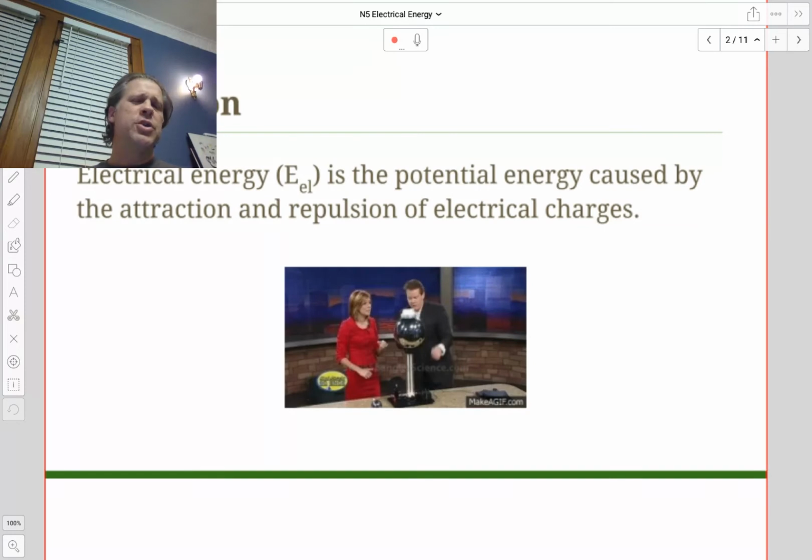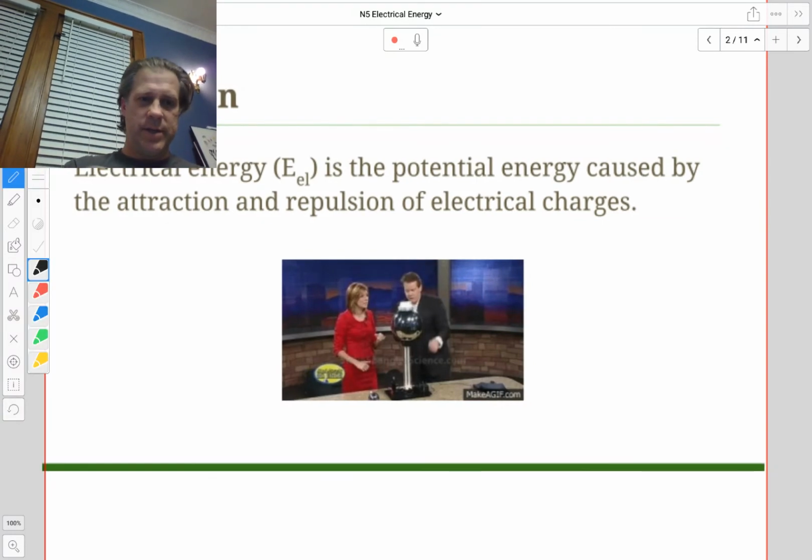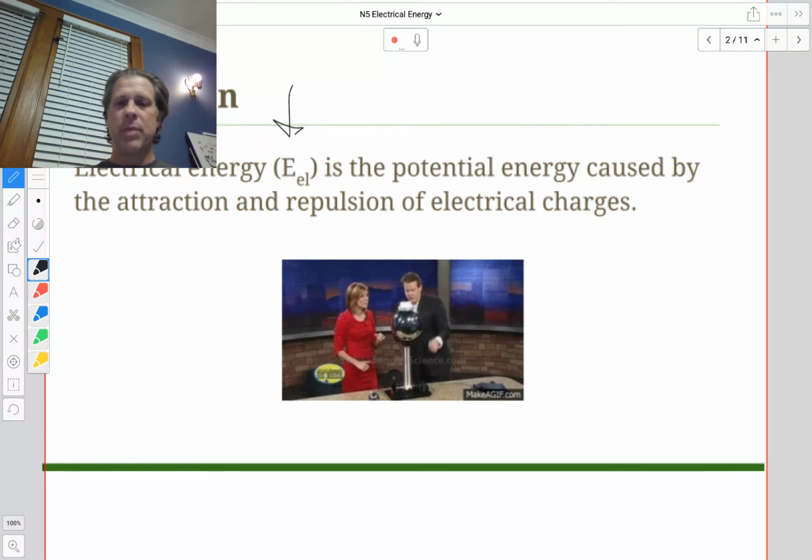The definition of electrical energy, a lot of times represented as EL on our energy bar charts, is the potential energy caused by the attraction and the repulsion of electrical charges. Remember the video that I showed you the other day?